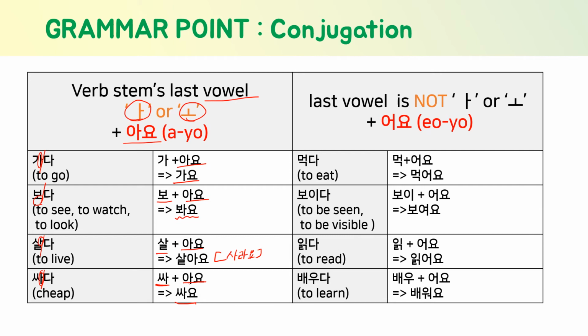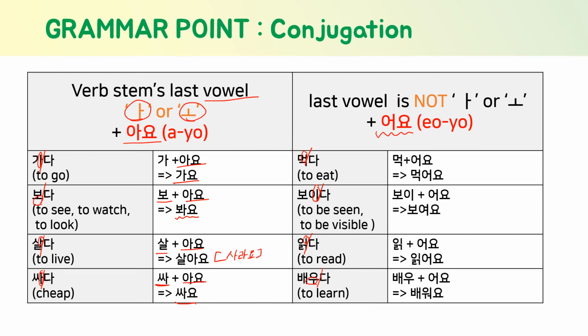For all the other vowels, other than ㅏ or ㅗ, you add 어요 to the stem. So 먹다, to eat, 보이다, to be seen, to be visible, it's more like a passive, 읽다, to read, 배우다, to learn. If the last vowel is not ㅏ or ㅗ, you add 어요.